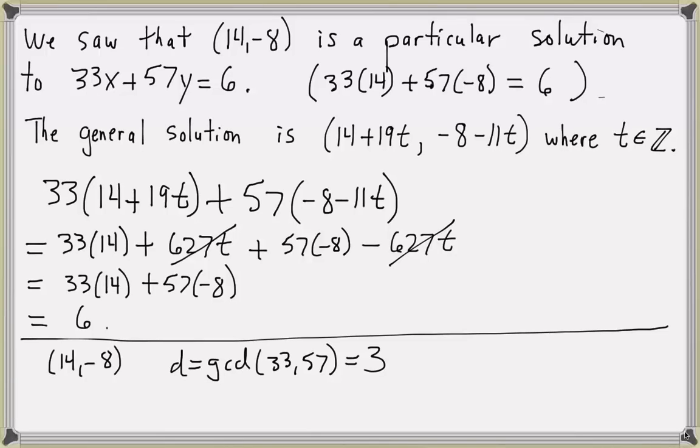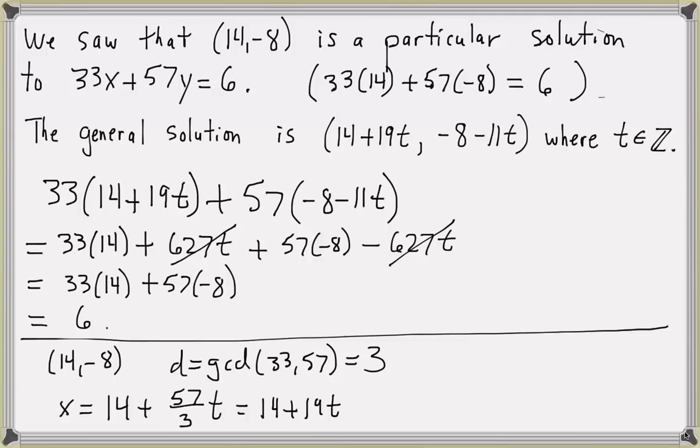Therefore, the general solution has x coordinate 14 plus b over d, so 57 over 3 times t, which reduces to 14 plus 19t.